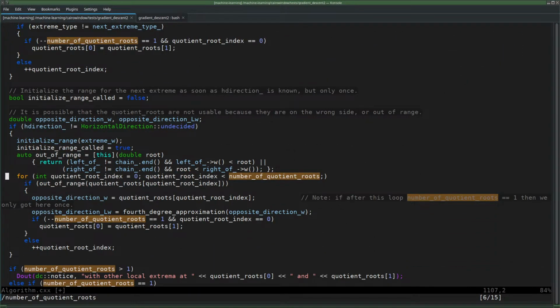This just loops, that's okay. After this loop, number of quotient roots equals 1. Then we only got here once. That's the other filter, but it's no longer true. Let me see.